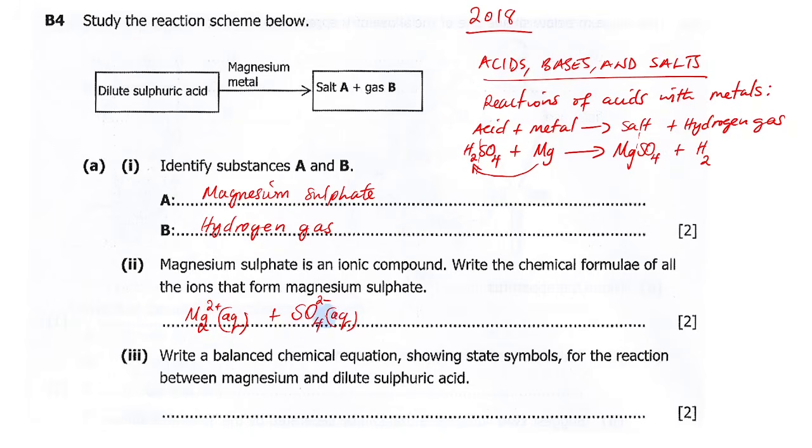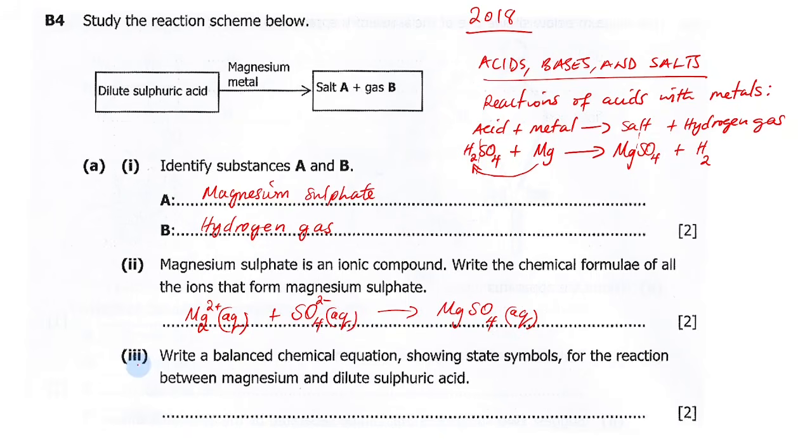These two combine to give you magnesium sulfate. So these are the ions that form magnesium sulfate.